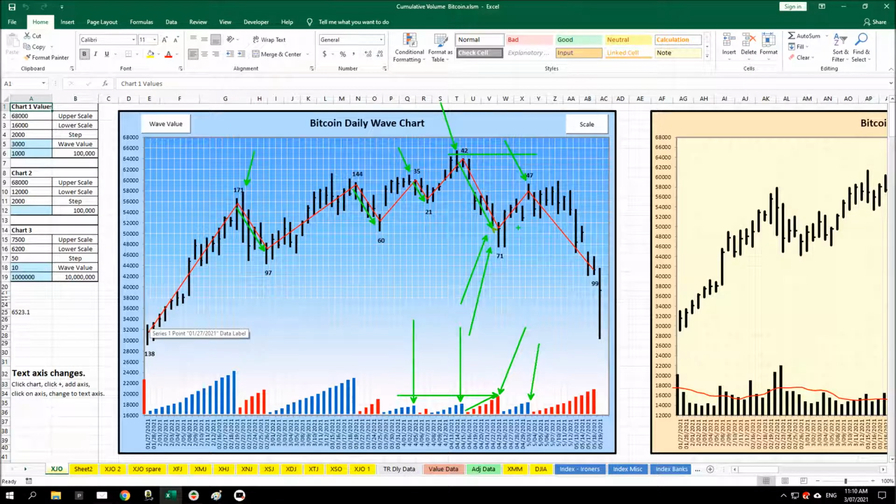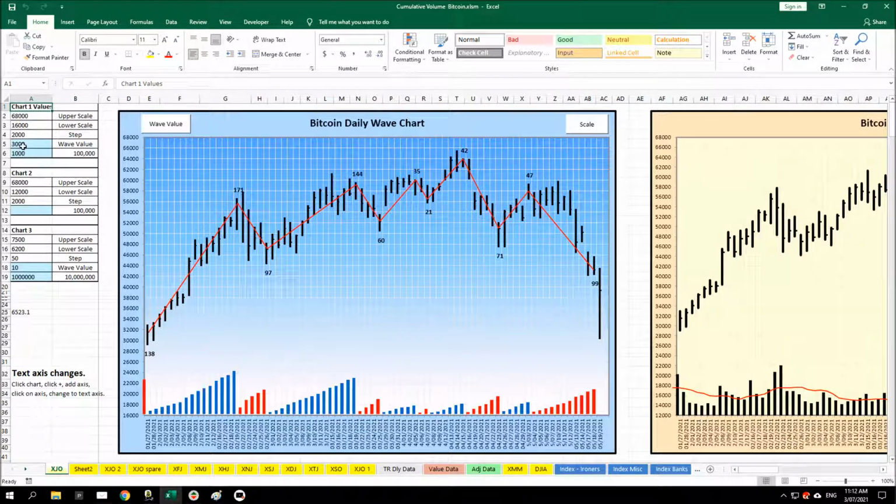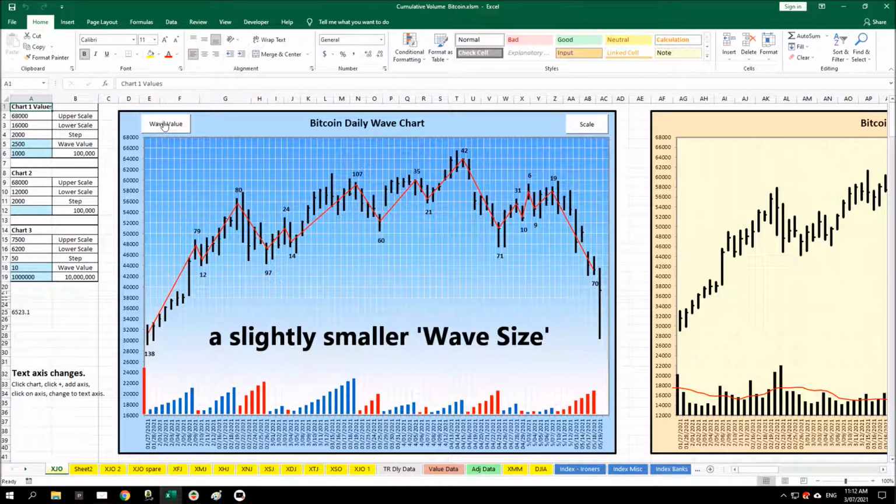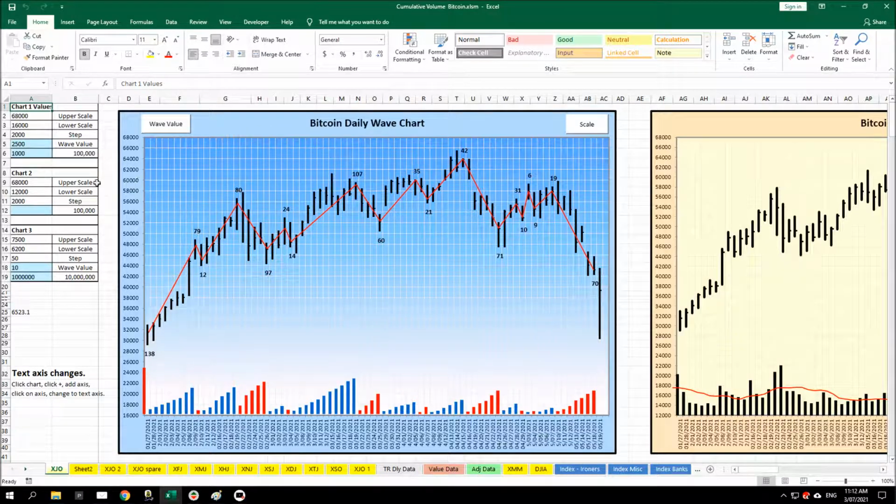And if we look at a slightly smaller time frame, that's a $2,500 wave. It's possibly too small. There. Here's the down wave in question. Here's the initial up wave.